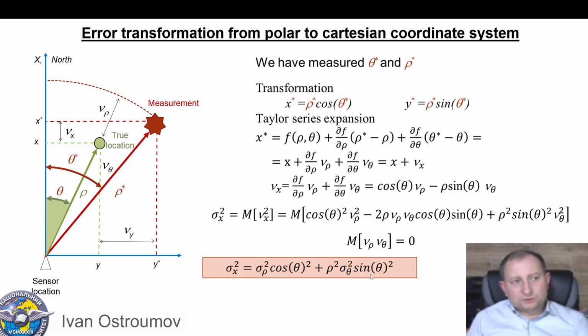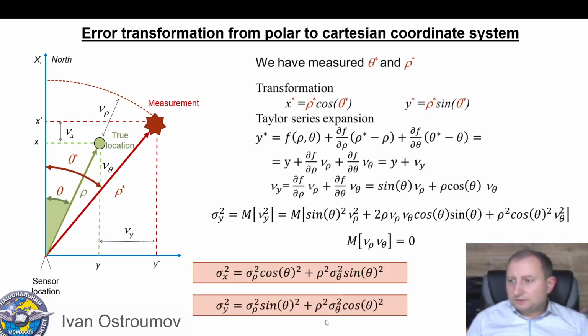That's why we've got quite a simple formula for analytical estimation of errors by x-axis if we know sigma rho, or dispersion by range measuring equipment, and dispersion by angle measuring equipment.